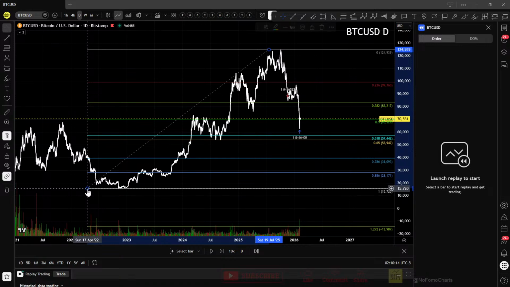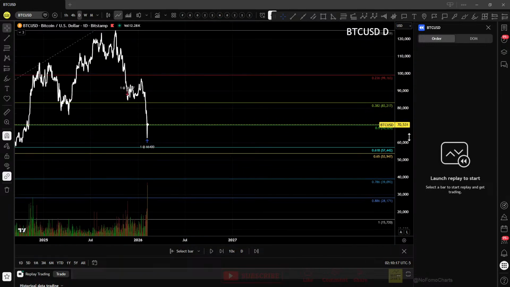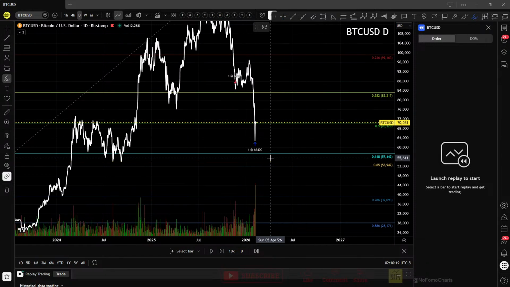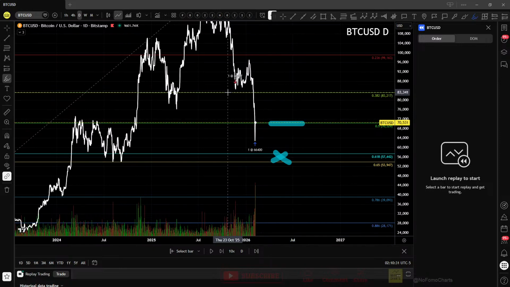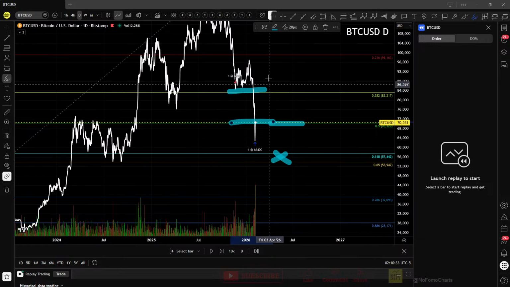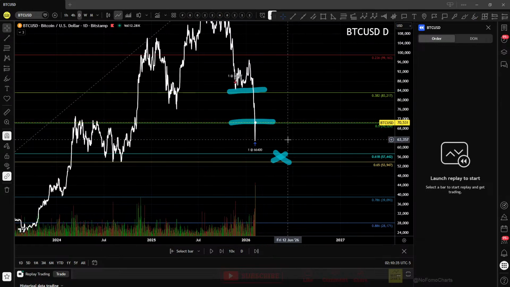That's where we're floating around right now. Where are my levels? My 618 was, I was hoping for $57,000 Bitcoin, 57,000 or 55,000. We actually didn't get there. Once we lost 70,000 and once we lost 83,000, you can very quickly see that's where the panic, the capitulation happened.